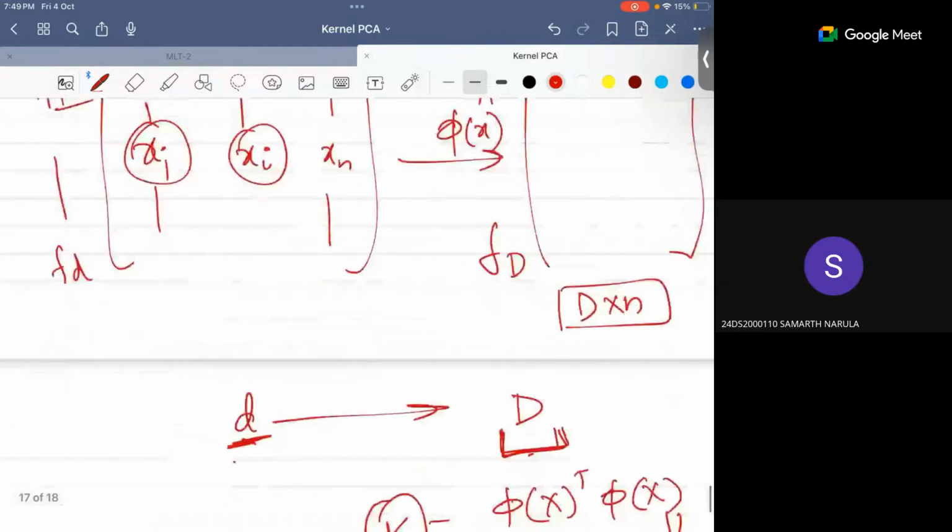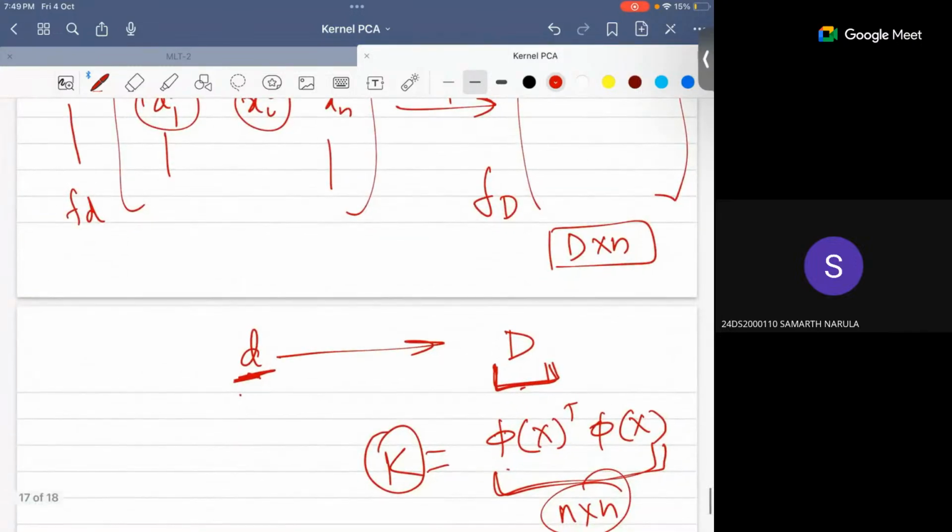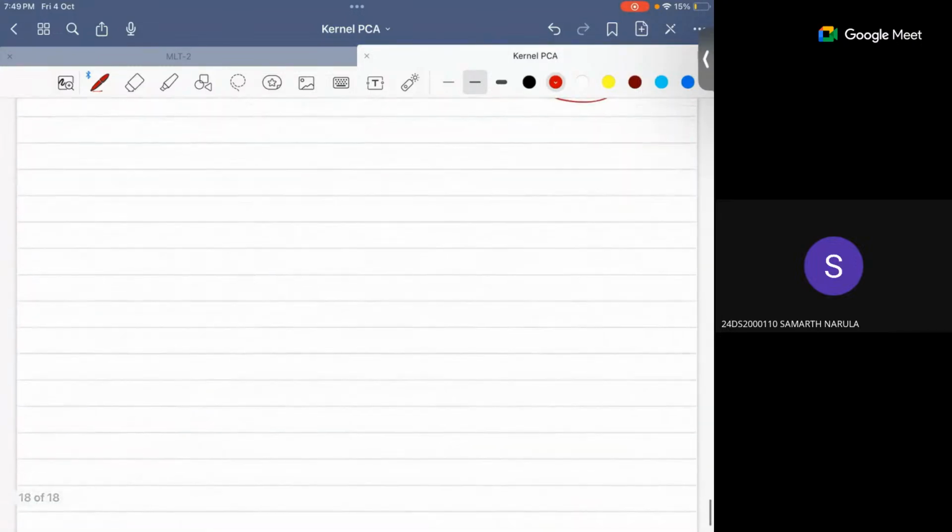Yeah, the number of data points will be the same. Only the number of features is getting increased. The dimension is getting increased.